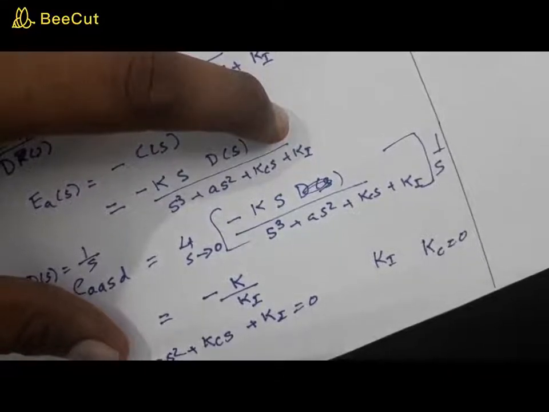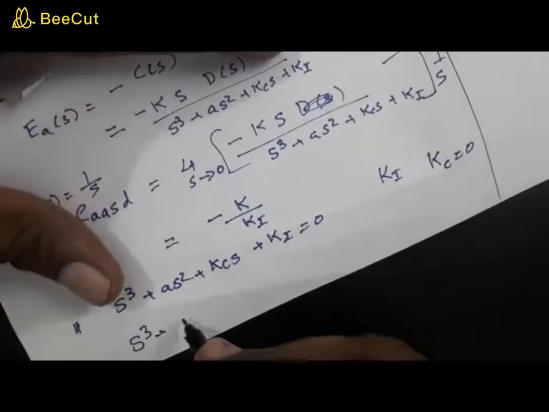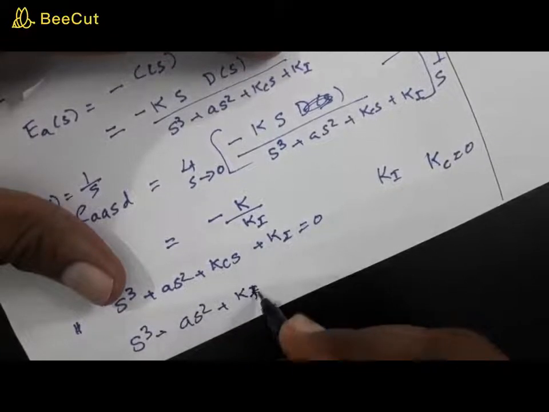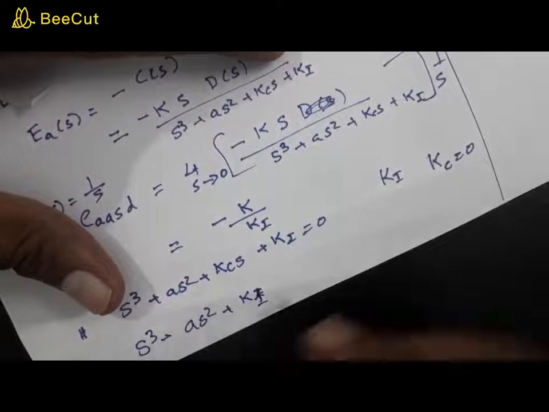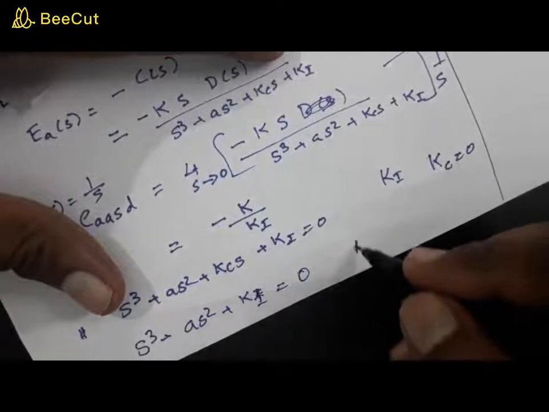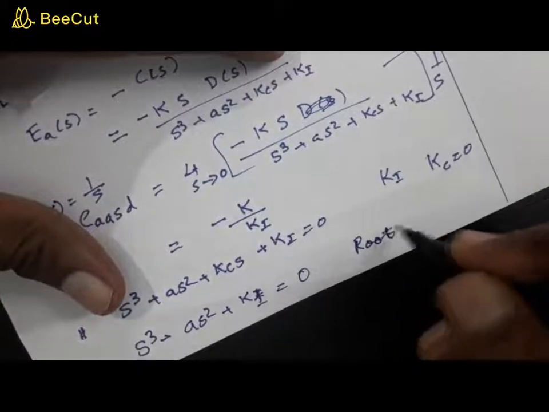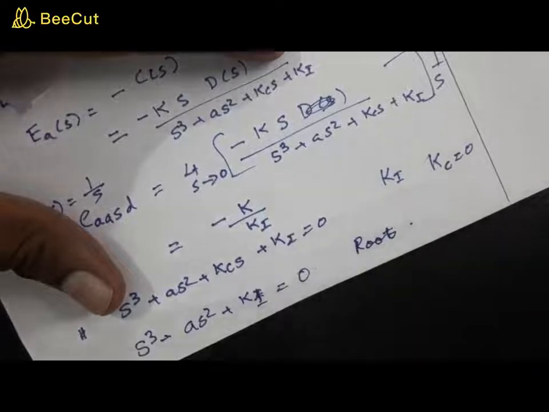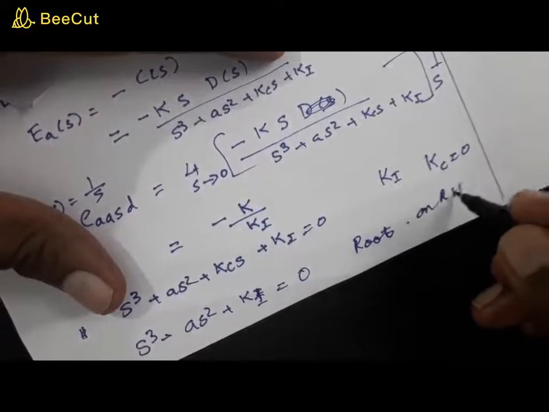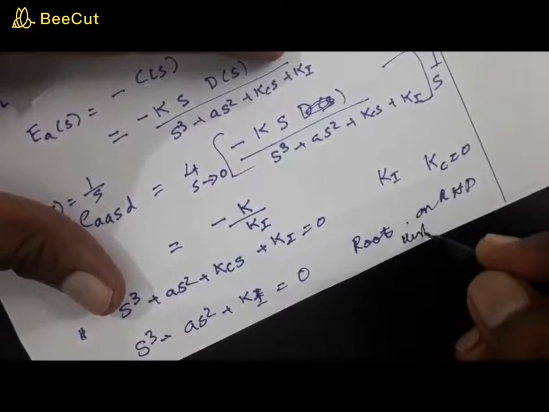The characteristic equation becomes s cube plus a square plus Ki, so there is a missing power. This shows that there is a presence of roots on the right half plane, meaning this is always an unstable system.